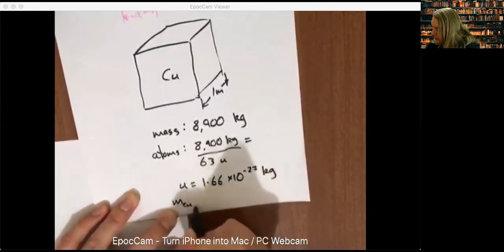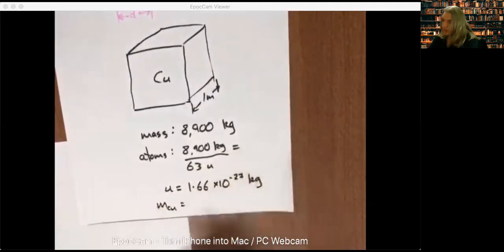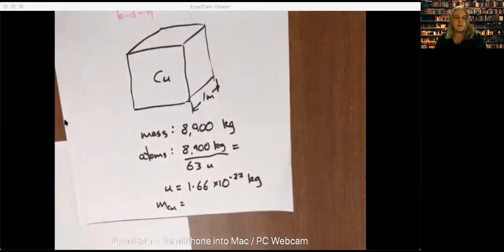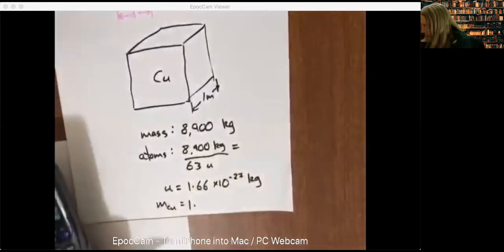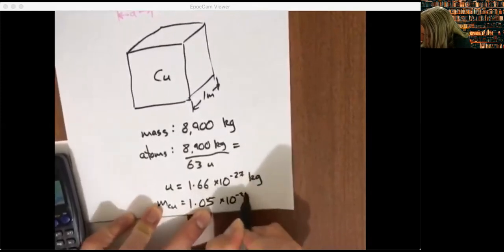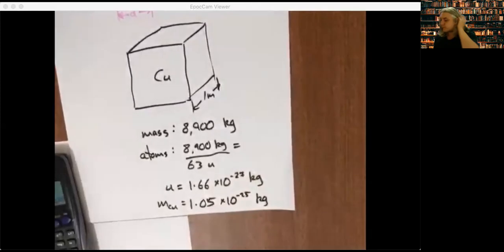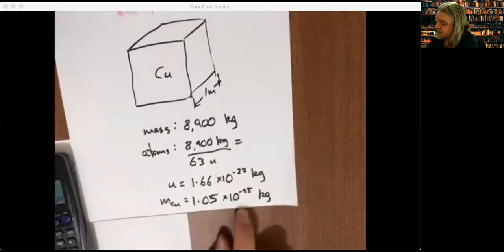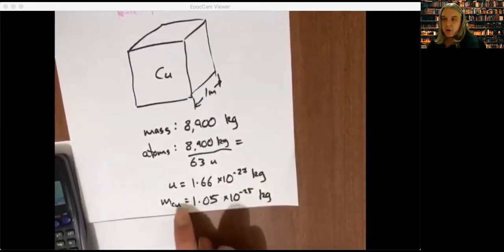So the mass of 1 copper atom is equal to, I should have grabbed my calculator already for this. Here we go. So the mass of each copper atom is 1.66 times 10 to the negative 27 times 63, which is, we'll just go 1.05 times 10 to the negative 25 kilograms. So that's how many kilograms we have per copper atom.